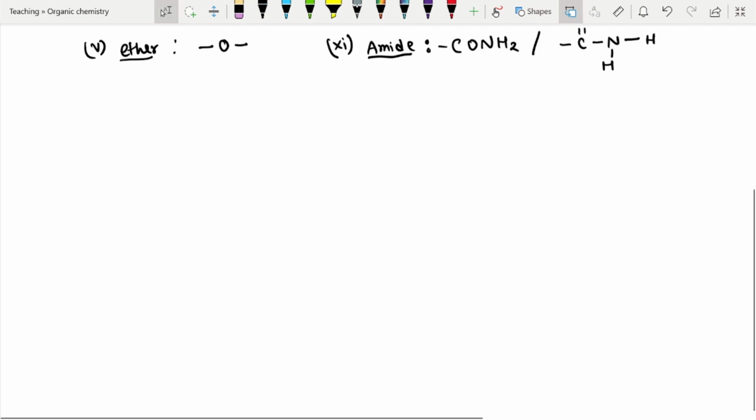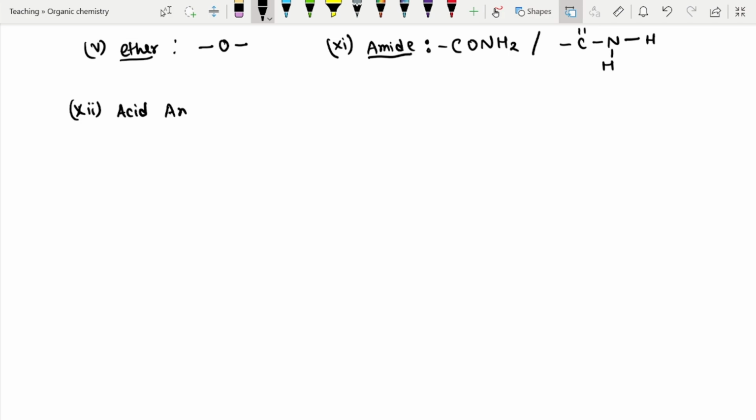We have more functional groups, and those are acid anhydride, which is number 12. Acid anhydride is bond CO bond O bond CO bond, or you can also write it like this: bond C double bond O bond O bond C double bond O bond.